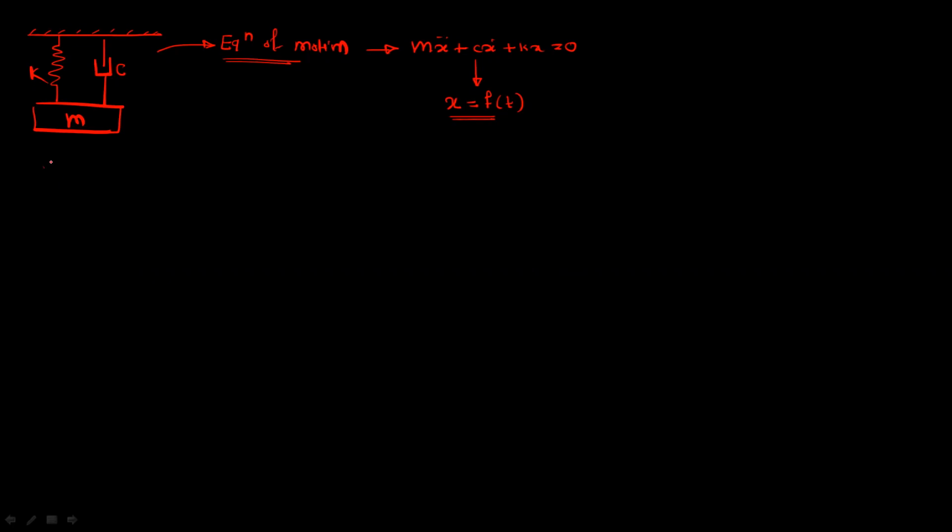So that equation for x, so x is equal to, so constant A1 e raised to minus zeta plus square root zeta square minus 1 into omega n t plus A2 e raised to minus zeta minus square root zeta square minus 1 into omega n t. Okay.